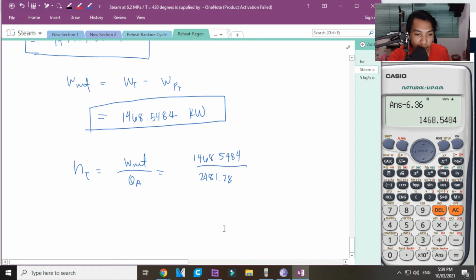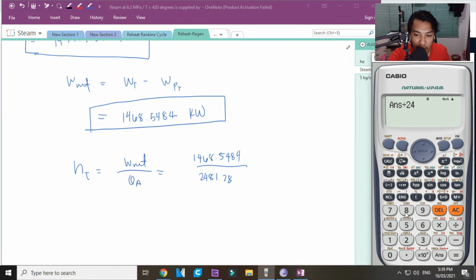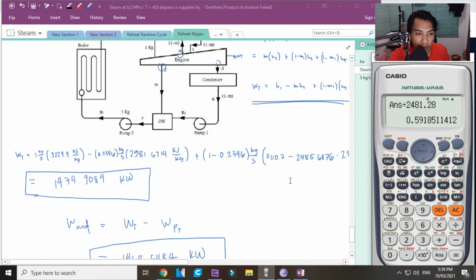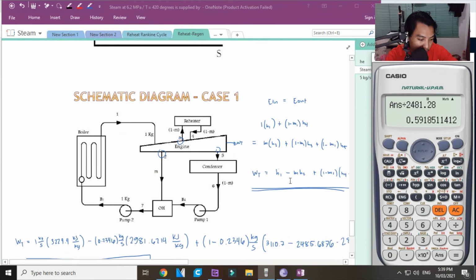Parang ang laki, no? Dapat nasa 33 pa rin. Lumaki. May mali tayo dito. Check ko Work total. Work net. Ayun, maliit lang talaga.